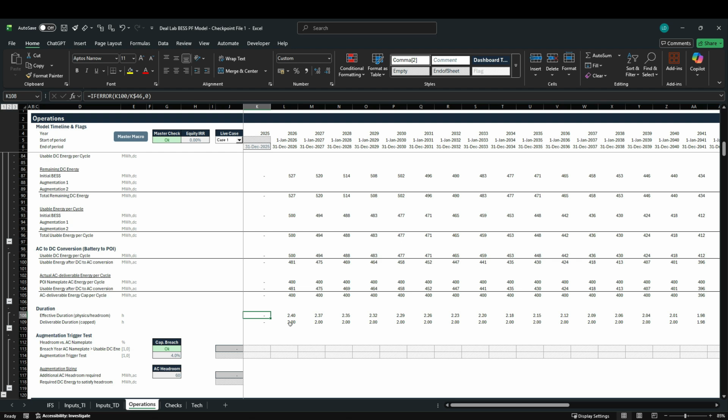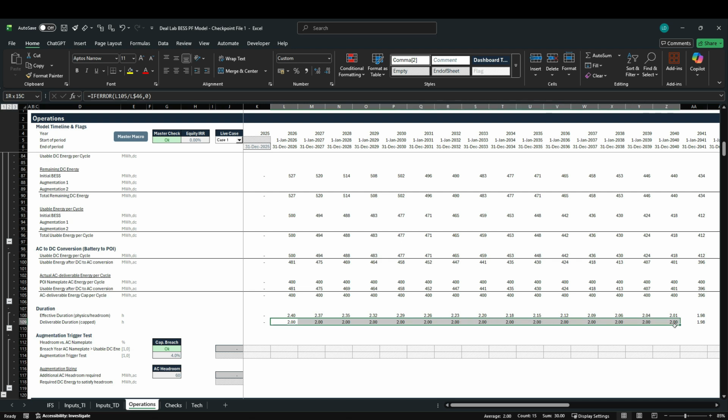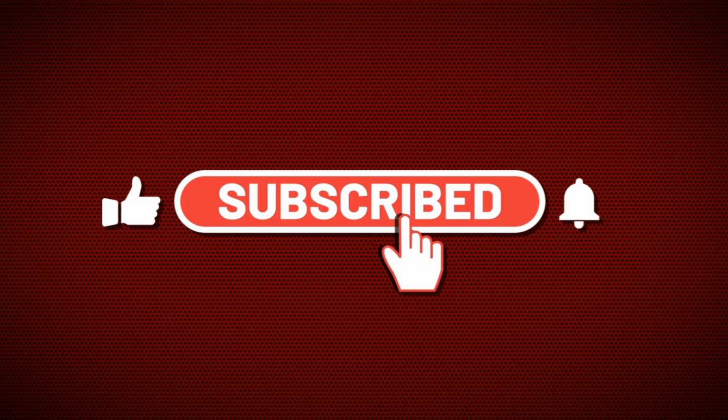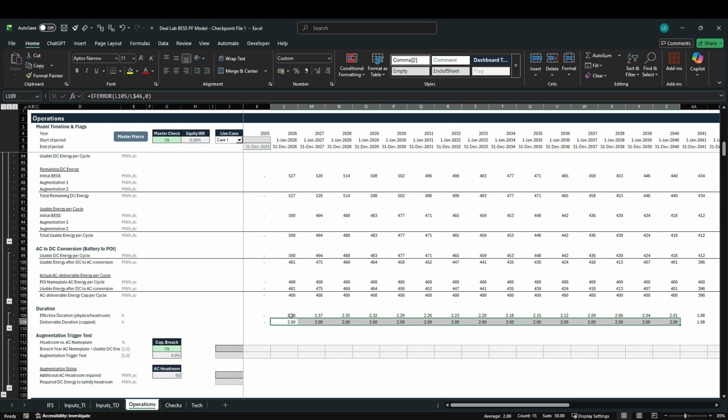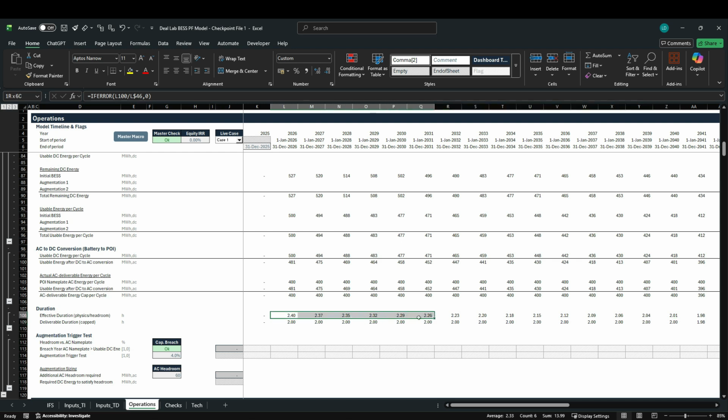We again sustain our contractual obligation of 2 hours of duration for the first 15 years. During which our actual physical duration or our effective duration actually has quite some significant headroom initially, which degrades over time, and eventually in year 2041 we would fall below our 2-hour contractual obligation regarding duration.